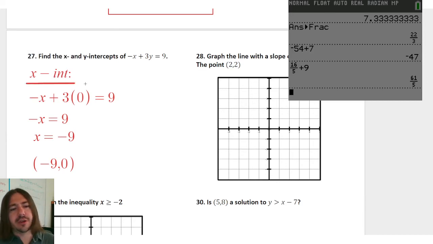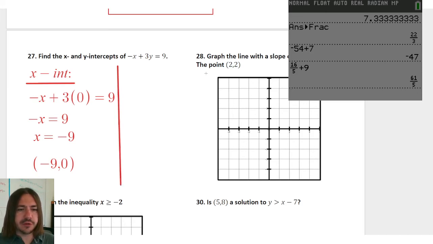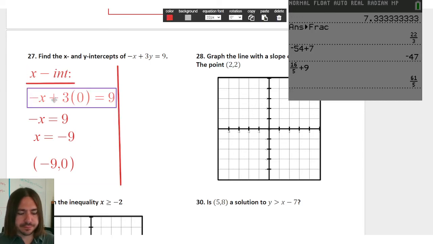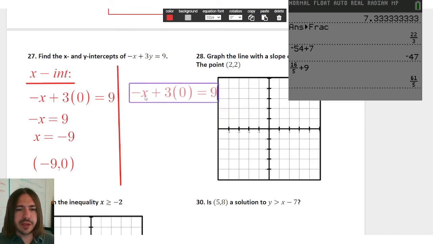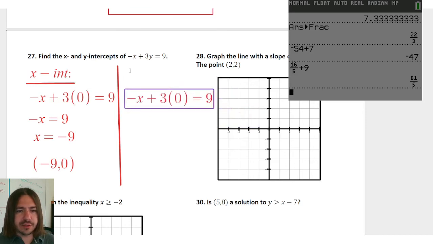The only real difference between the x and y-intercept is that instead of substituting in 0 for y, you're going to substitute it in for x. But the rest of it should be basically the same. So yeah, here's how I got the x-intercept, but we're going to change that.